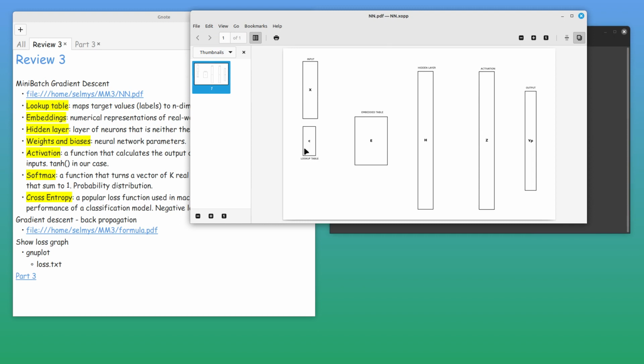We had a lookup table I called C. And X and C, we combined together to form an embedded table, E. And then we used the weights and the biases, weights 1 and bias 1, to generate our hidden layer neurons. Then we activated those neurons using the tanh function, which gave us this Z table.